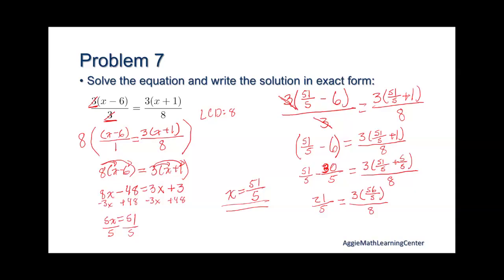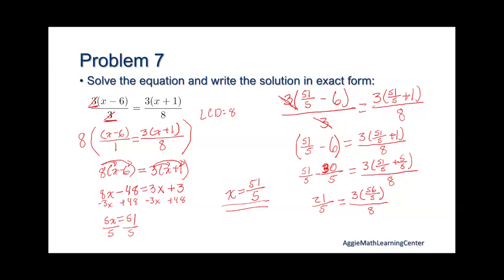So then we can find the lowest common denominator again. Or no. We're only multiplying and dividing, so we're not going to need to find another common denominator. The 21 fifths is going to stay 21 fifths. There's no way we can simplify it.